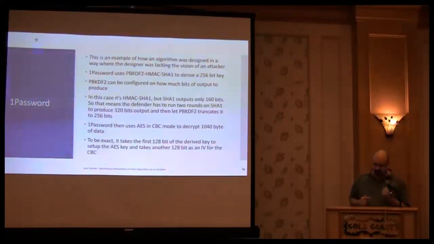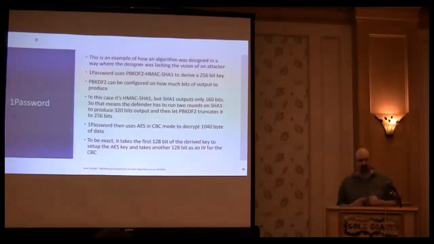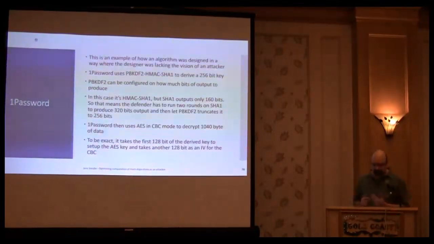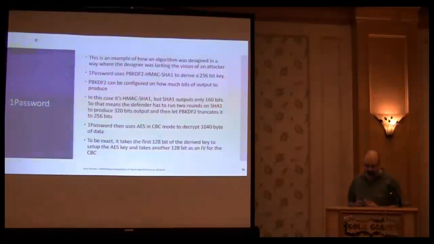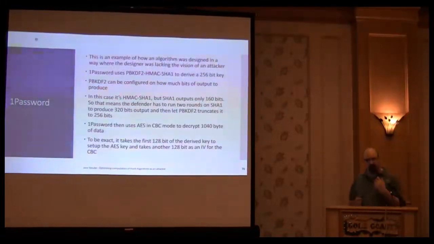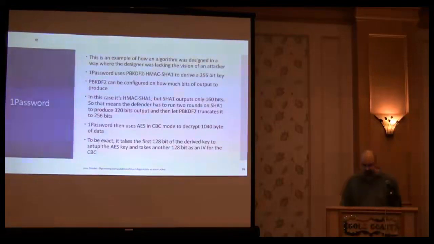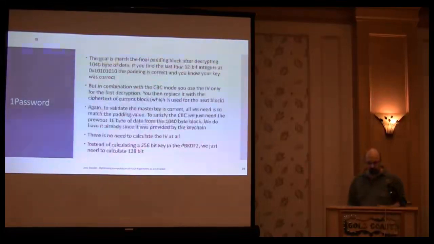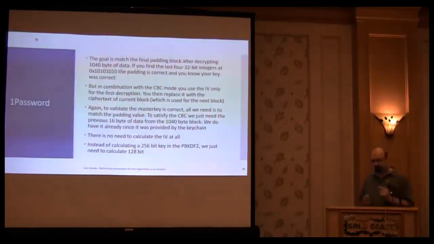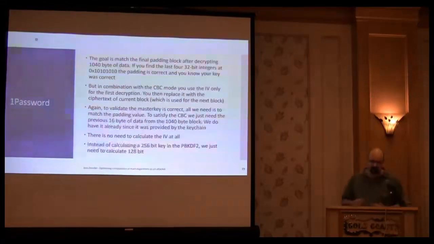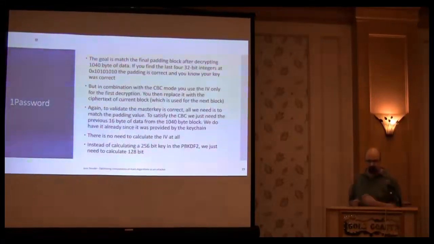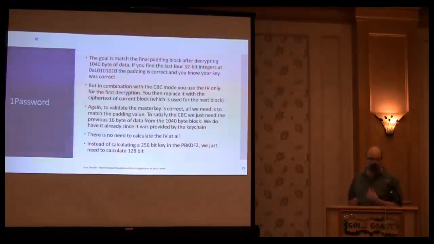1Password uses AES in CBC mode. CBC mode means we need to know the previous value, which is used as the IV. So we already know 1040 bytes from the 1Password keychain, and we only need the last 32 bits to compare.